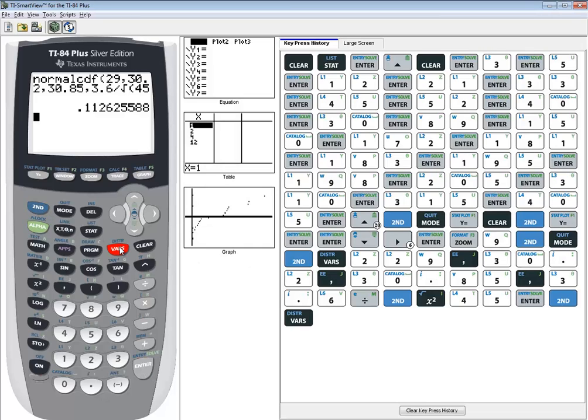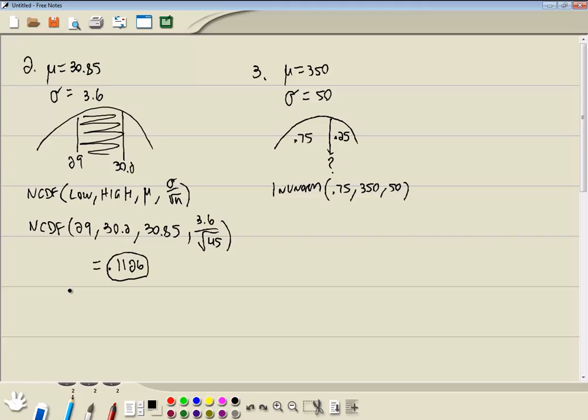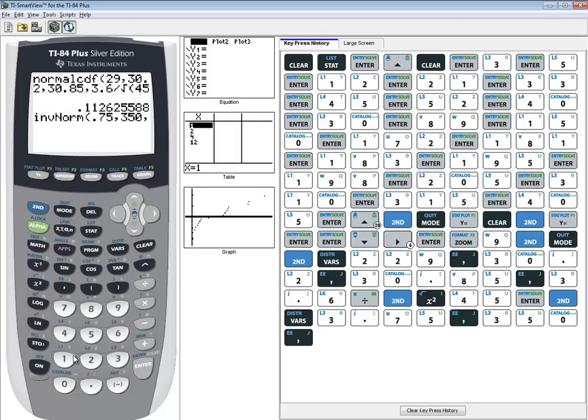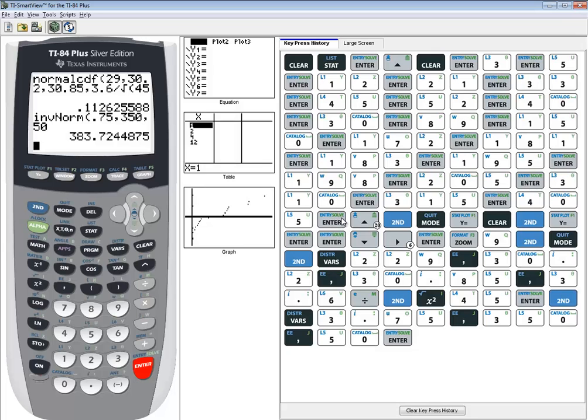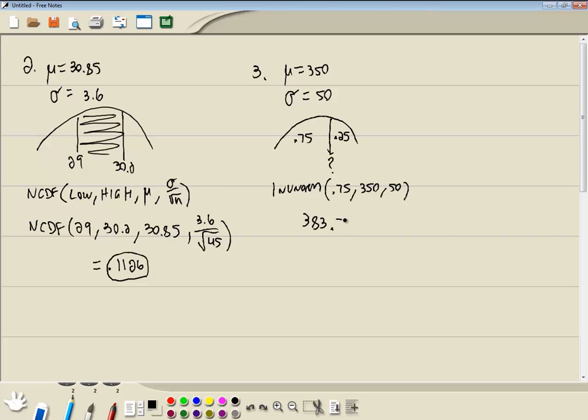So do second vars, choose INV norm, 0.75, comma, 350, comma, 50, enter. And I'll round it to 2 decimal places, I guess. Though no decimal places probably makes the most sense for this. 383.72.